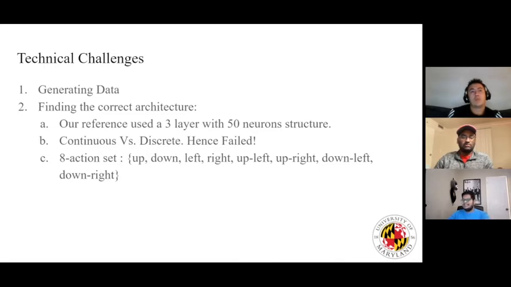So we decided that instead of using a continuous space, we'd use an action set that consists of 8 different directions: up, down, left, right, up-right, up-left, down-left, down-right. These 8 almost cover the 360 degrees of direction in which a robot should move, and they were sufficient to cover them all. So we tried to do that.